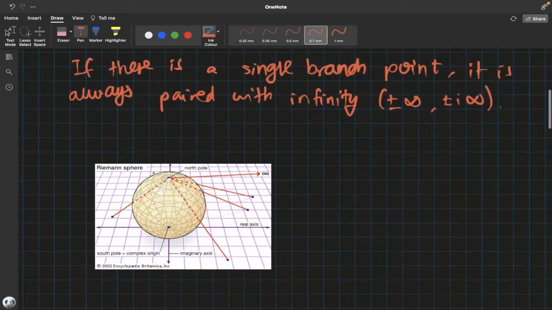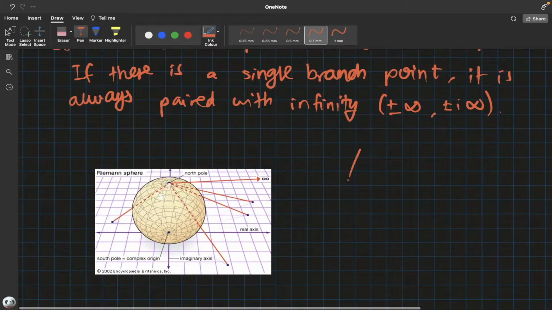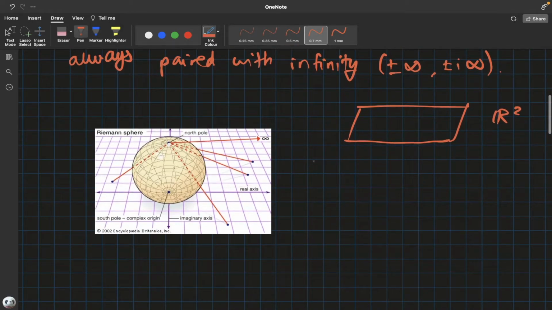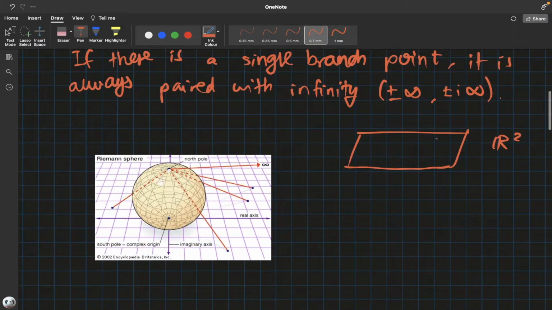Because we're not looking at the complex plane as some plane that's isomorphic to R2. Of course, it is isomorphic to R2, but we're not really looking at it in this way. We're instead looking at it in terms of a stereographic projection. So what's a stereographic projection? Consider a sphere and a plane. We have to map the plane onto the sphere.